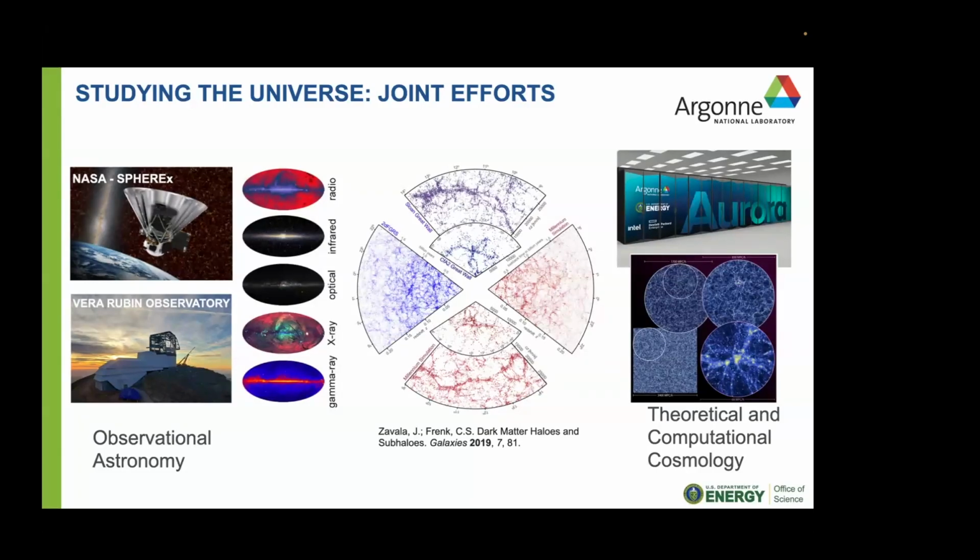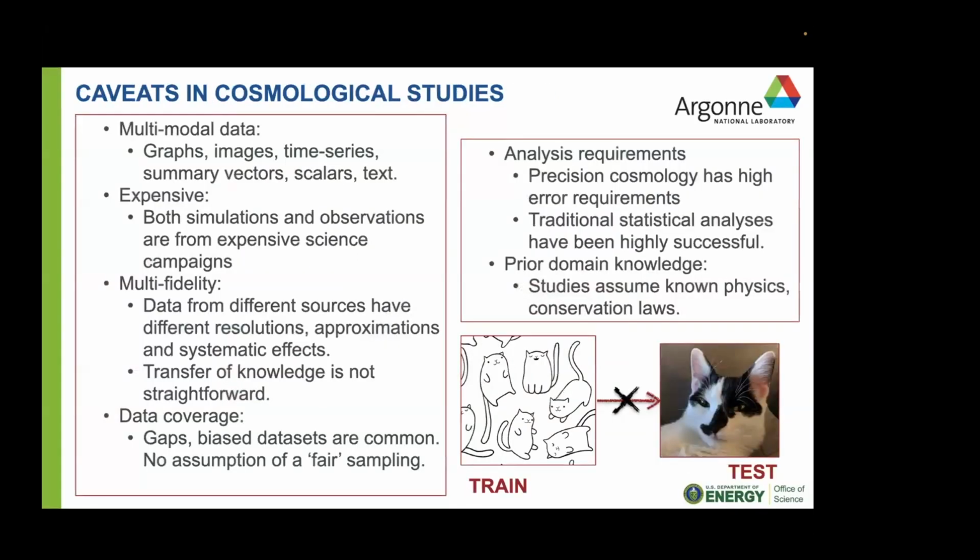Just by looking at the distributions, you can see that there's a pretty good correspondence between what the numerical simulations predict and what we actually see. This is one of the important things in cosmology studies. We have different data sources: data coming from simulations, and data coming from actual telescopes.